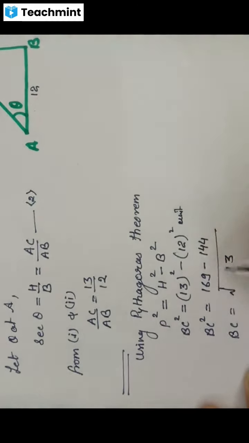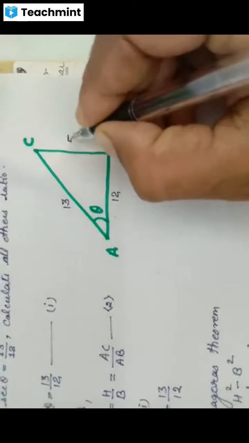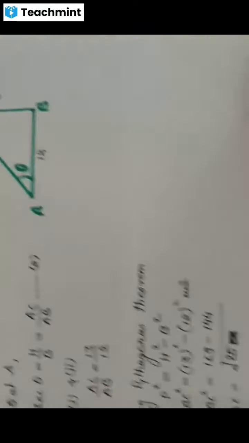Correction, it is subtraction. So 169 minus 144 gives 25. So BC is equal to 5. So BC we got 5. I am going to write 5 at the place of BC. It is clear.